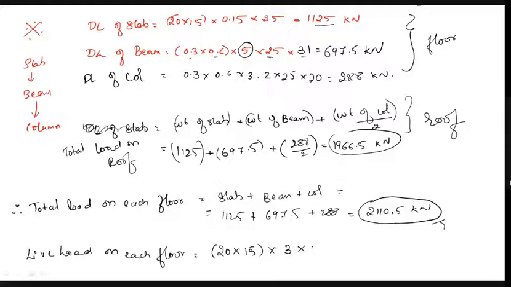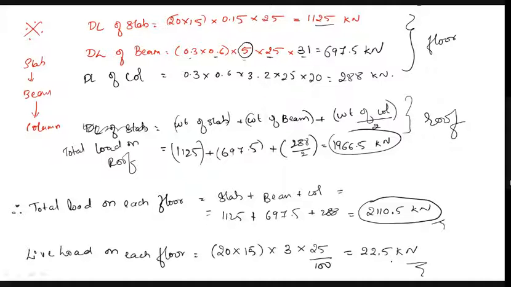We will take 25%. If it is greater than 3, we will take 50%. If it is less than or equal to 3 kilonewton per meter square, we will take 25%. Correct? Therefore, it equals 225 kilonewton. Correct?